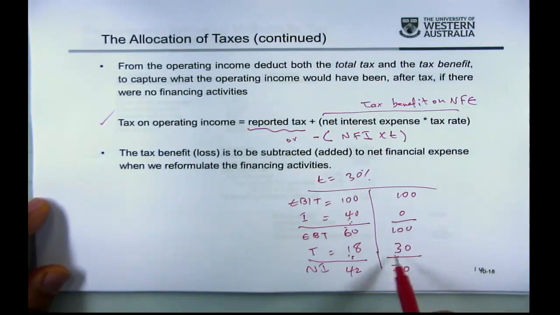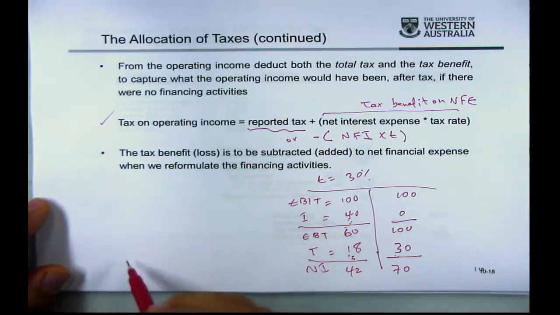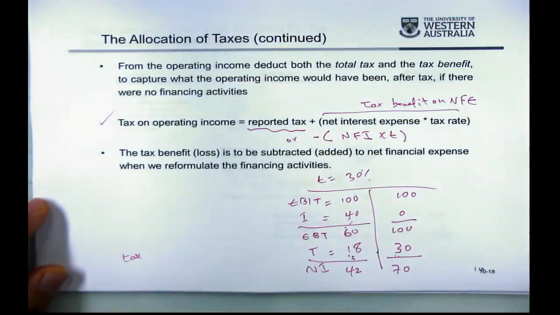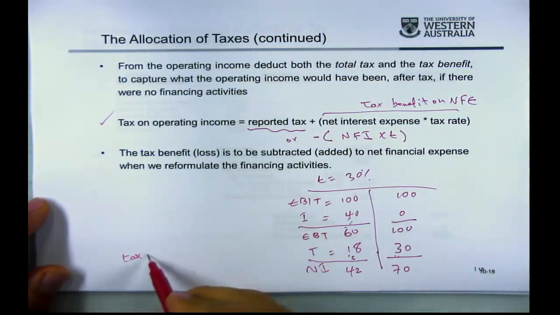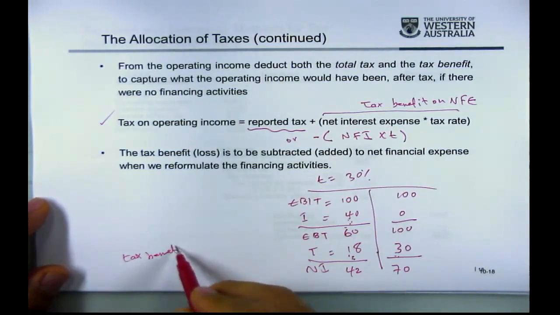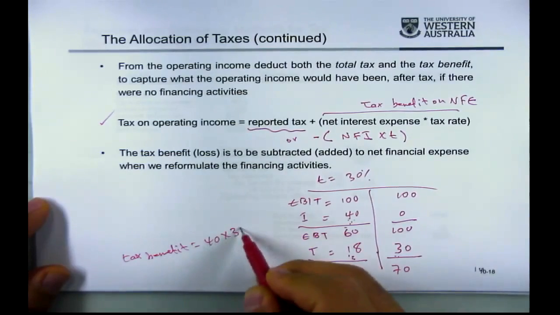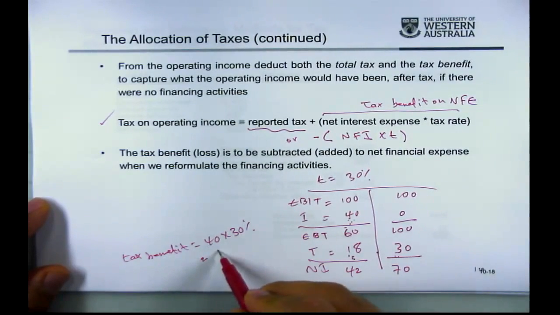So 30 minus 18, that is the tax saving. Alternatively, we can easily calculate the tax benefit or saving. Saving, benefit are the same. When we say tax saving, it is the same as the tax benefit, okay? So the tax benefit can be straightforwardly calculated as the interest expense, 40, times 30%. How much? 12.